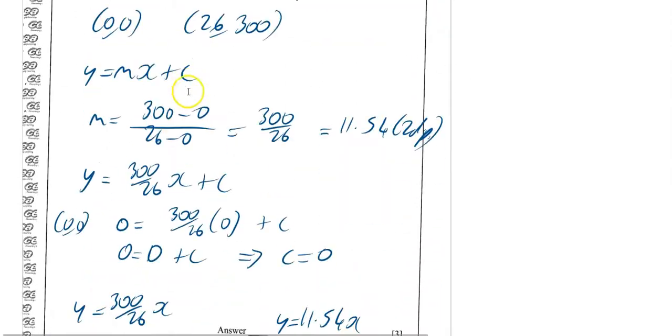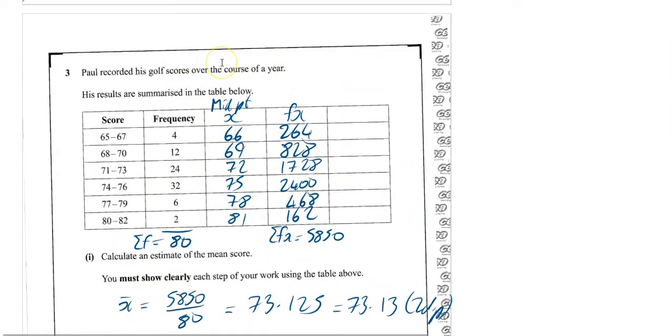So we'll add that in, the fx squared column. So where did we go to? We're here. We're going to add in an fx squared column. You're going to expect very big numbers here. I'll just show you the working out for the first one. It's your f times your x value, which was 66, and it's being squared.